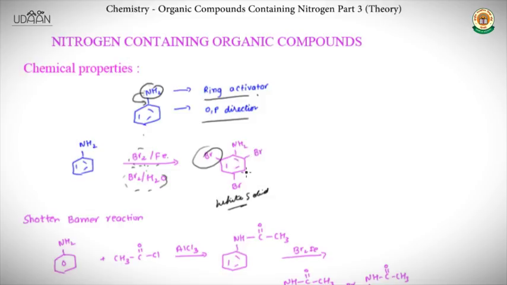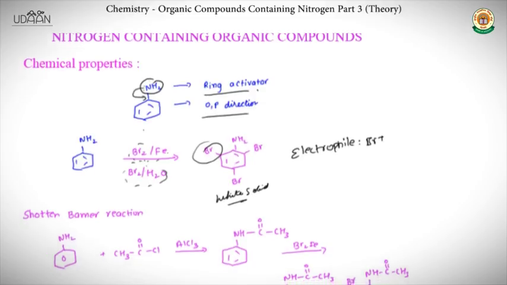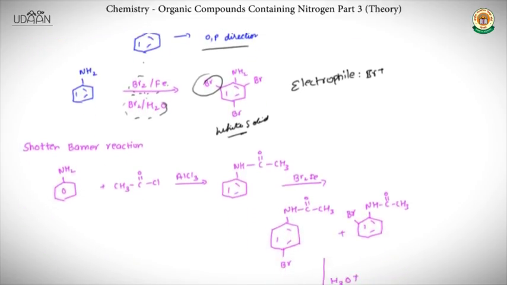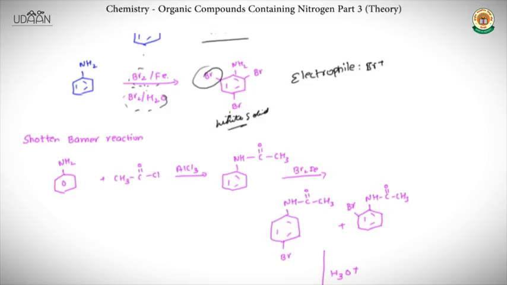All the ortho and para positions are blocked, that is, filled by Br. Now the electrophile in this reaction is Br plus. Now just remember this from your benzene chapter. So here, as you can see, you got a tribromo substituted product.